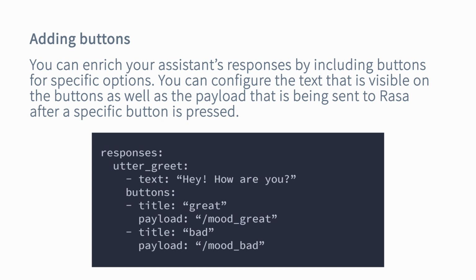In most cases, the payload will have to correspond to a specific intent that your assistant can understand, so that your Rasa assistant can take that information and do something with it without requiring an additional NLU layer to process that information. Buttons can also send entities as the payload to your Rasa assistant's backend. To do that, you simply have to reference the entities with their values inside of the assistant's response templates.